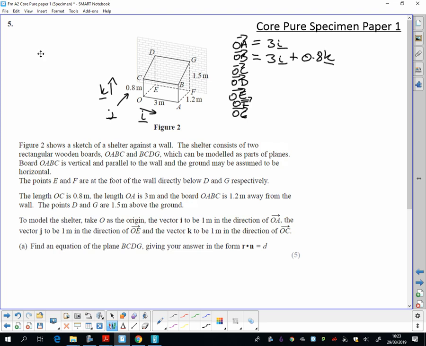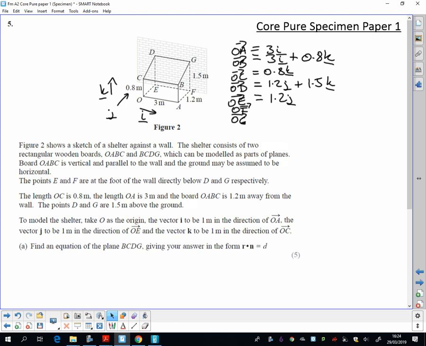O to C, 0.8 K, because that was the direction the K direction was. O to D, we're now going to go along the side and then up. So along the side is J direction, up is K direction. O to E is just 1.2 J.